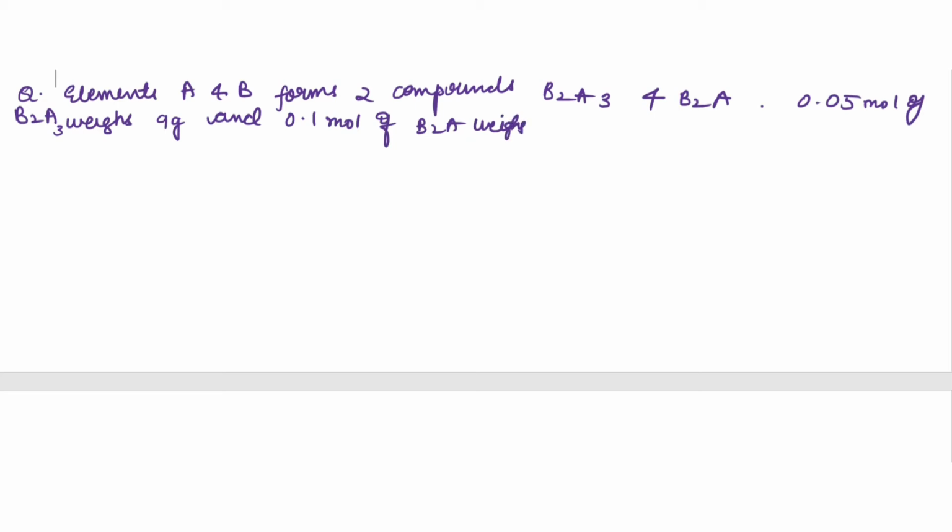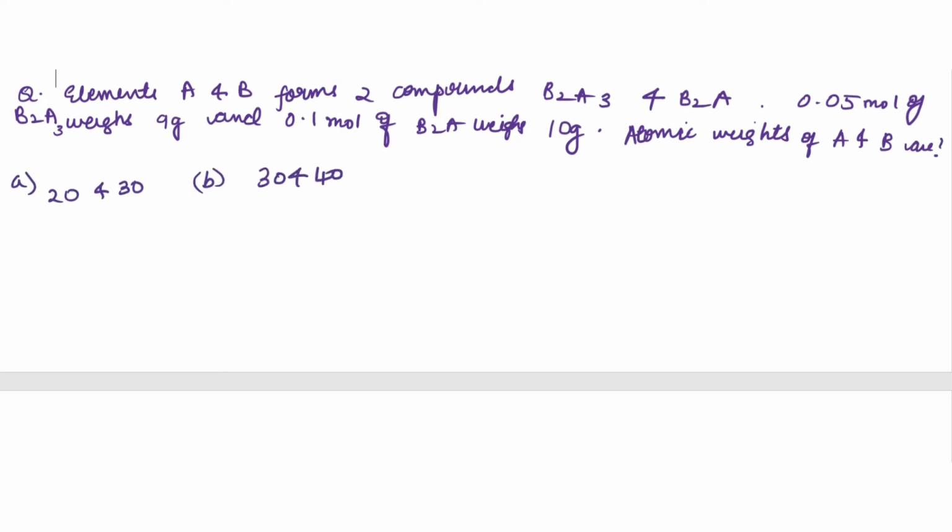They have given us the compounds formed by A and B, and they have given us the weight of those compounds. So we are required to find the atomic weights of A and B.